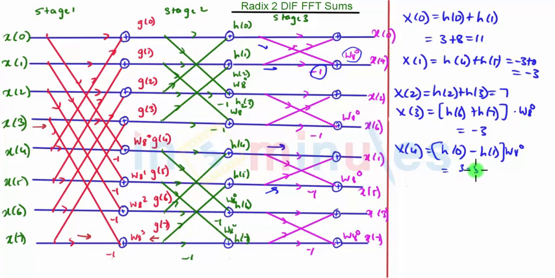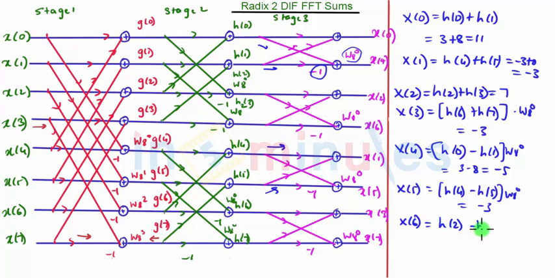So 3 minus 8 gives us -5. X(5) is equal to h(4) minus h(5), which turns out to be -3. Similarly, X(6) is equal to h(2) minus h(3) multiplied by W^0. That comes out to be 7. And the last, that is X(7), gives us h(6) minus h(7) multiplied by W^0, which is finally -3.